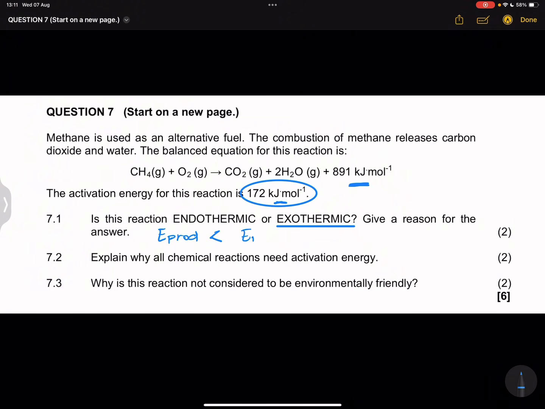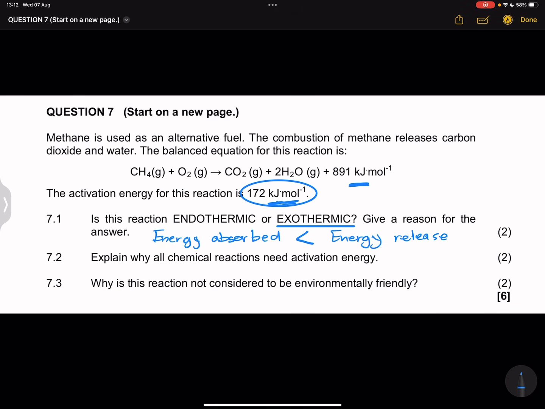Or you can say in this case, and I think this would be more accurate since that's what you note there, the energy absorbed would actually be less than the energy released. And that is how the cookie crumbles.